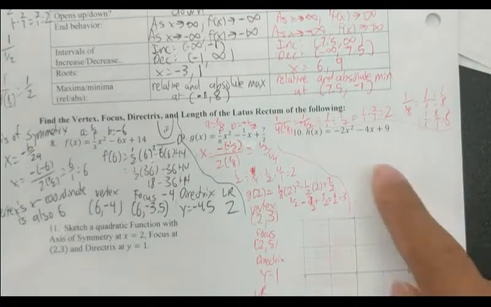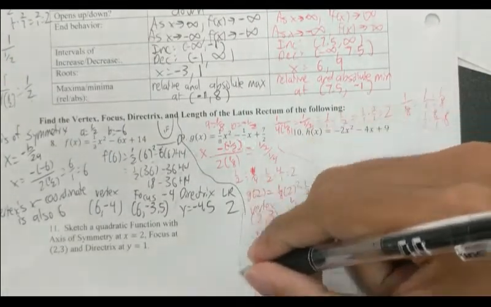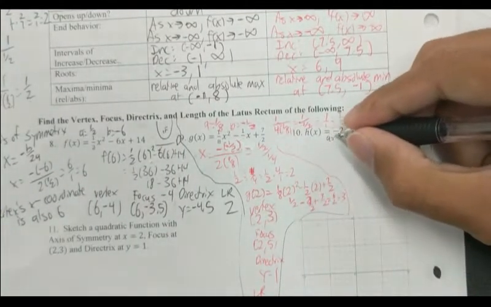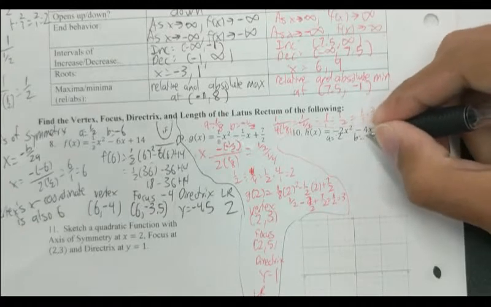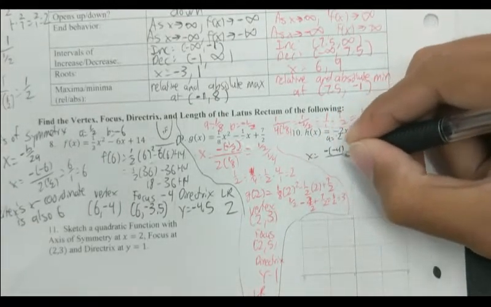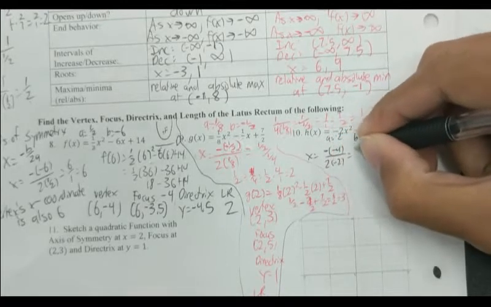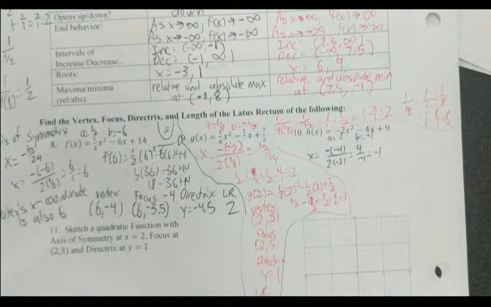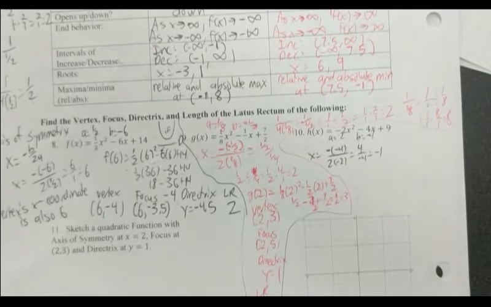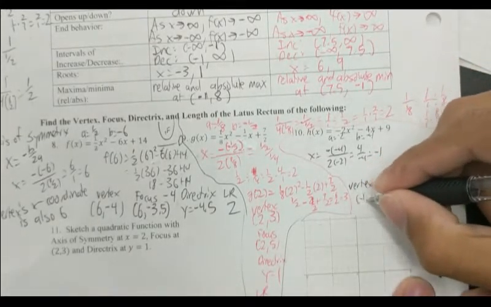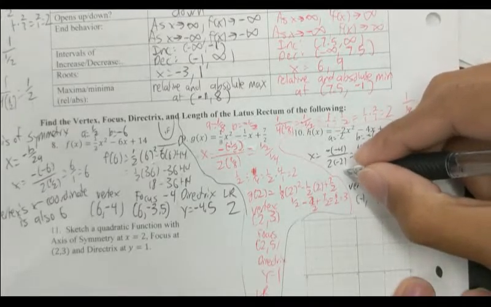Okay, lastly, problem 10. So this time a is -2 and b is -4. So axis of symmetry. Okay, so it looks like the axis of symmetry is x equals -1. Okay, so now let's get the y value of the vertex through substitution.